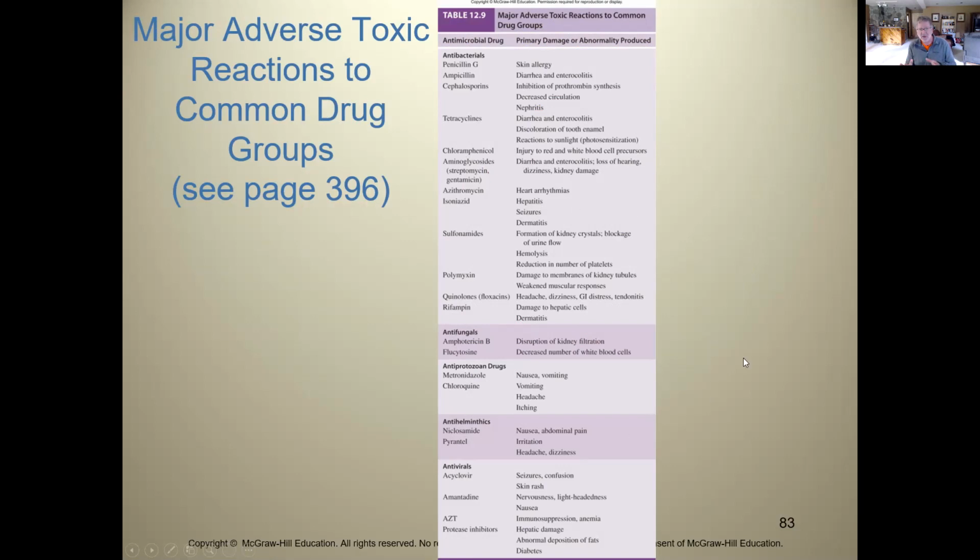And are those side effects more harmful to the patient than the bacterial infection potentially could be? So there's lots of things to consider. There's lots of balls in the air that the physician is juggling as he or she goes to decide what to do when they're dealing with a patient with an infection.